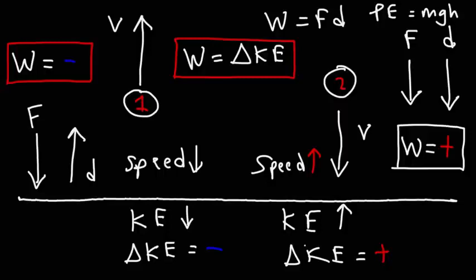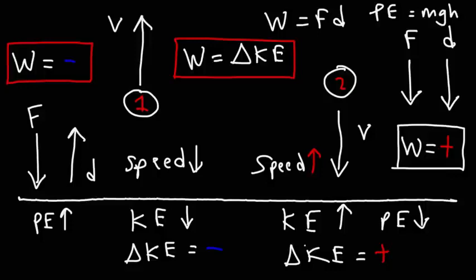As it does so, the height between ball 1 and the ground increases. Therefore, the potential energy of ball 1 is increasing as it moves away from the ground. Ball 2 is moving towards the ground. So the height difference between the ground and the position of ball 2 is decreasing. So the potential energy of ball 2 is decreasing.